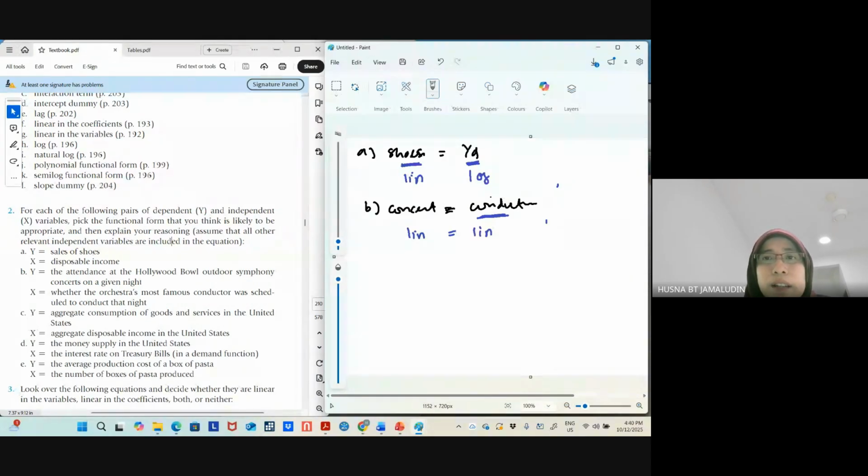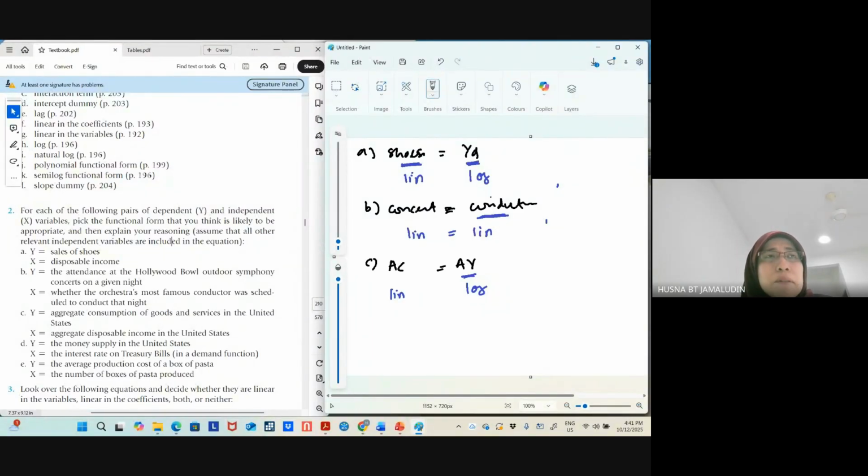Okay. So next, C, aggregate consumption of goods and services. It's a function of aggregate disposable income, aggregate income. Remember income? Income will be log. Okay. So aggregate consumption can be linear, but when you talk about aggregate, this is like a macro variable.